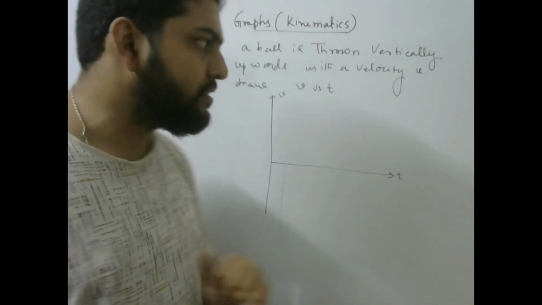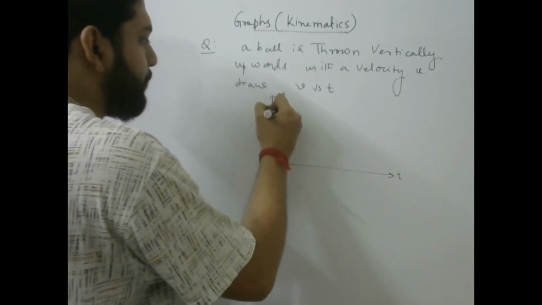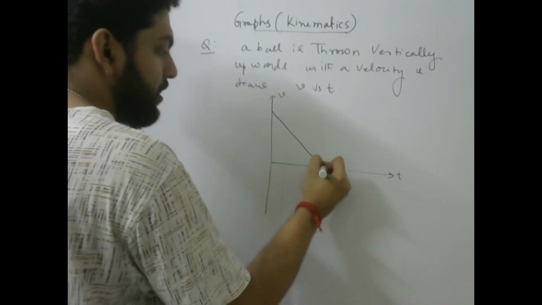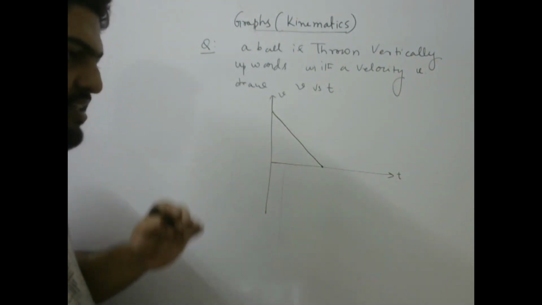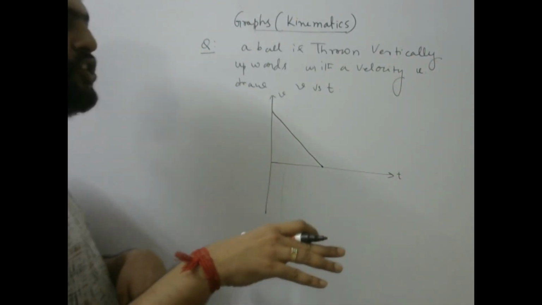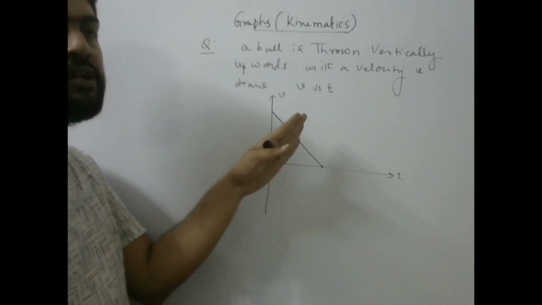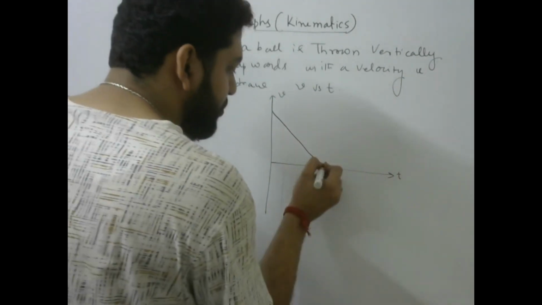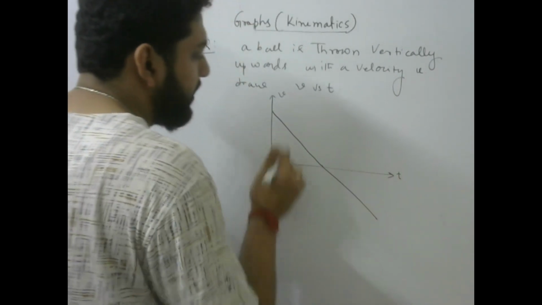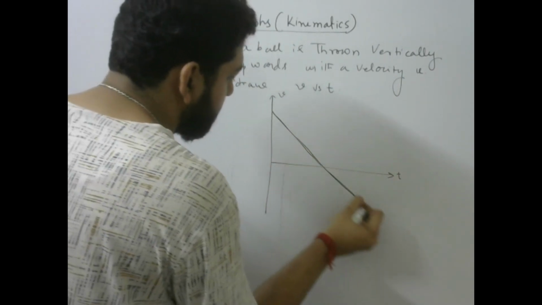So as long as it moves upward, its velocity decreases. At maximum height, its velocity becomes 0. Then it changes direction. If initially we consider velocity positive, then we should consider it negative afterwards. It continues as a straight line and will come like this.